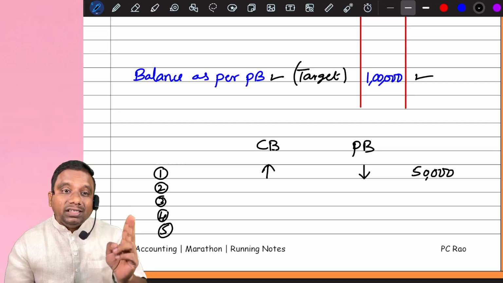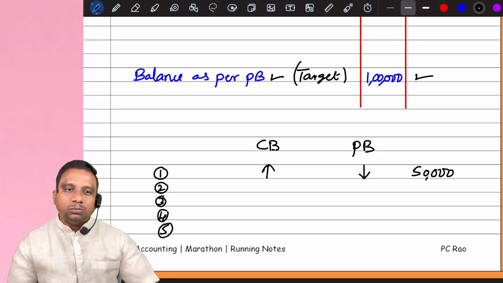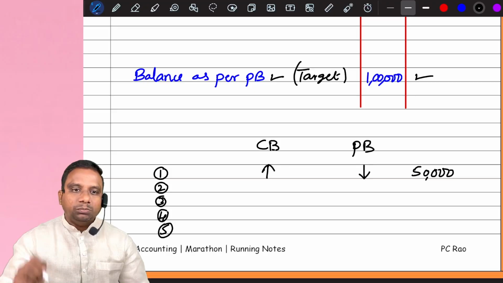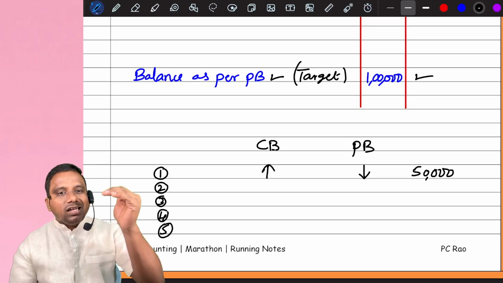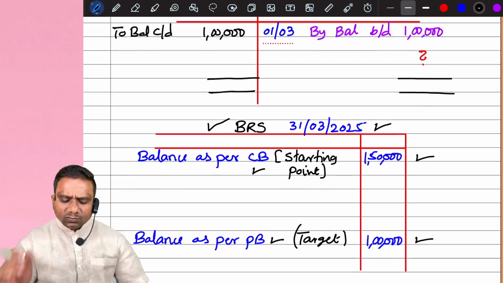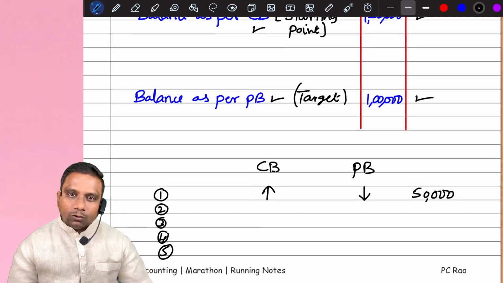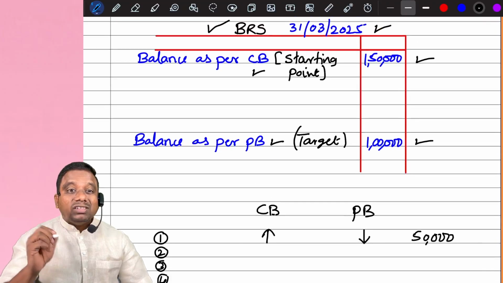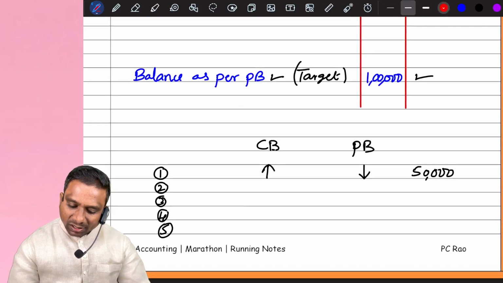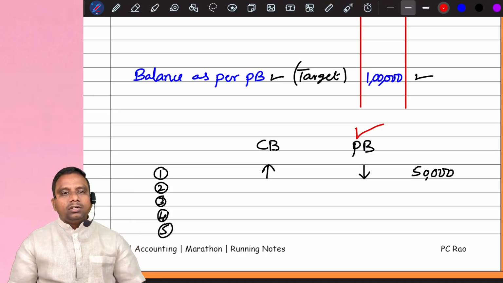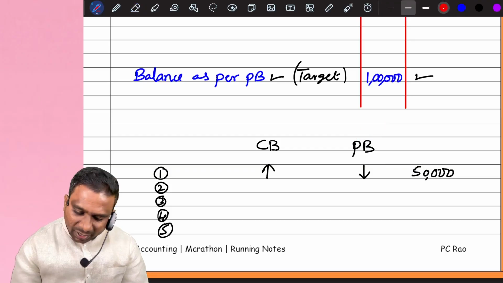Second, on which side it is recorded. Third, what is the effect on balance? Cash book increases, upward arrow. Passbook decreases, downward arrow. Finally, after each transaction, which book balance did you start with? We started with cash book balance. Now, when you start with cash book balance, which book balance do you get? I get passbook balance. Just tick on that, the book balance we need, passbook balance. Or else simply make a box on it.